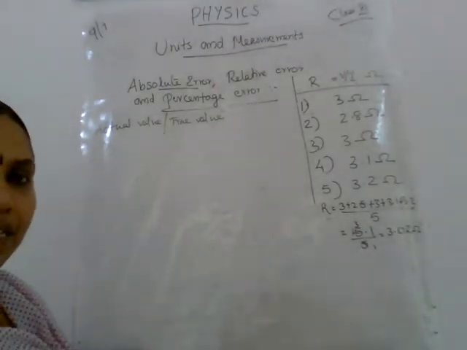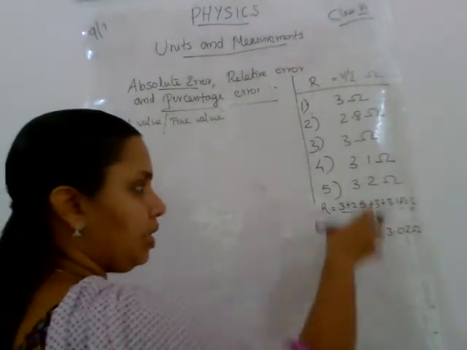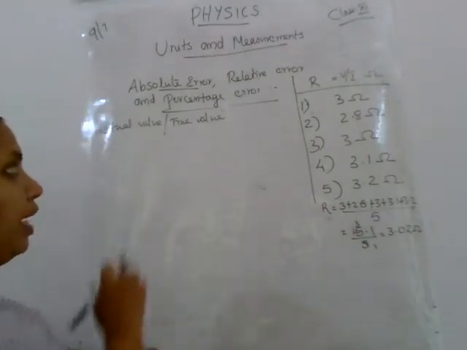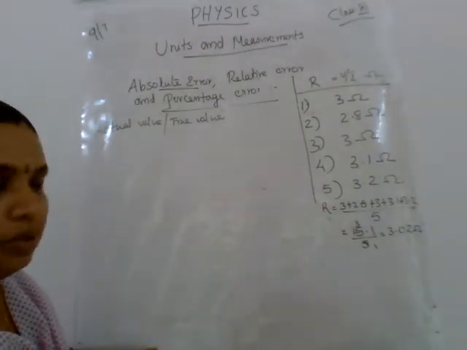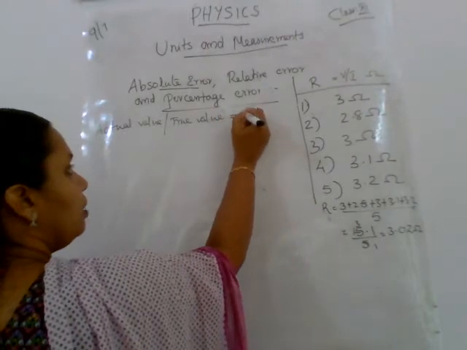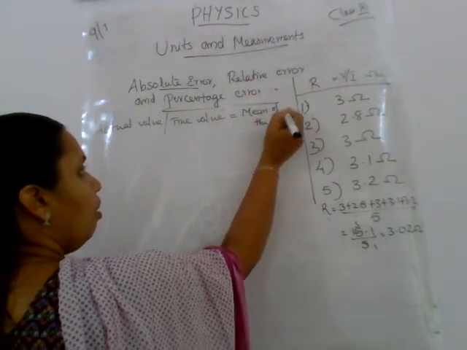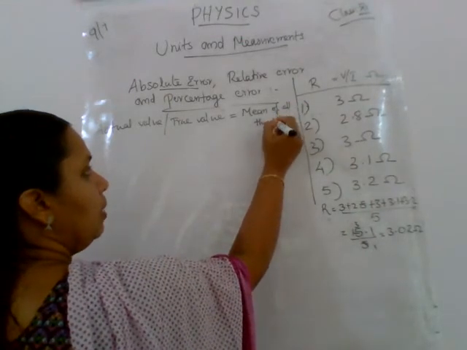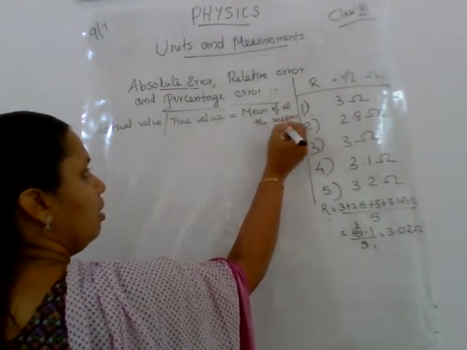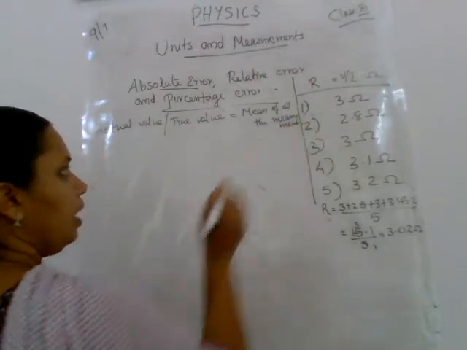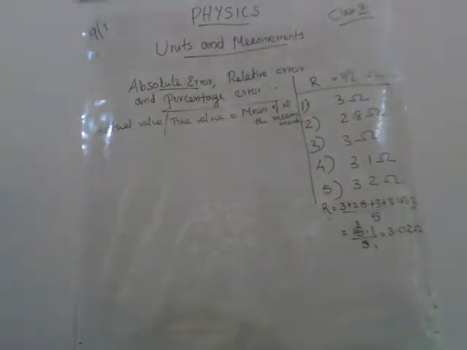For any physical quantity, the mean of the measurements will give you the true value or the actual value. So we can write, true value is equal to mean of all the measurements.